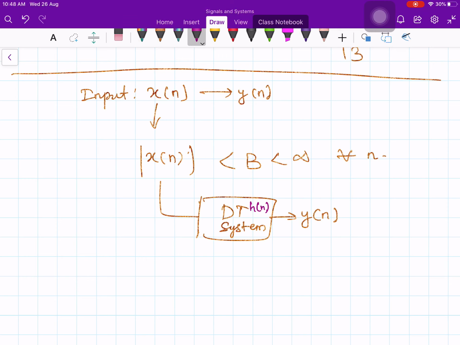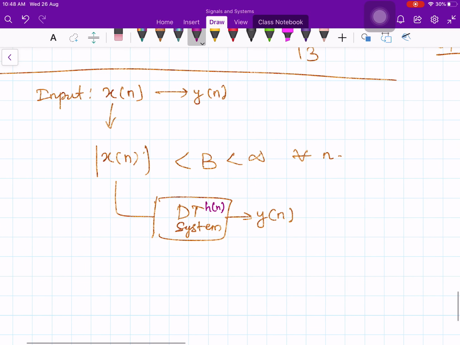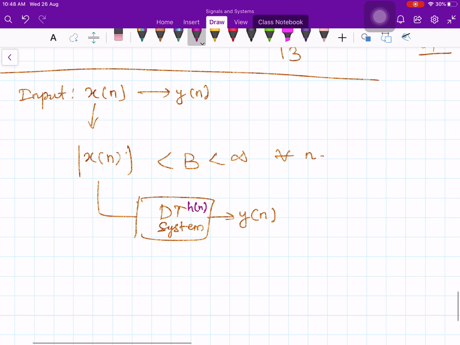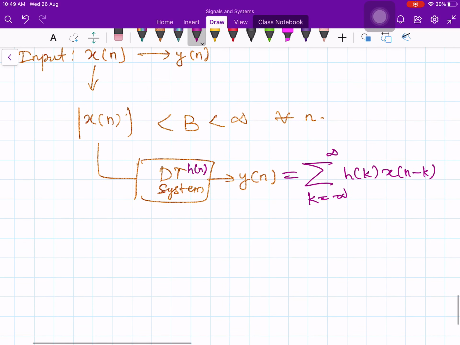Now, what is y of n? Y of n will be the convolution sum. So this is equal to summation of k equal to minus infinity to plus infinity h of k x of n minus k. Now, we need to obtain an expression for the magnitude of the output.